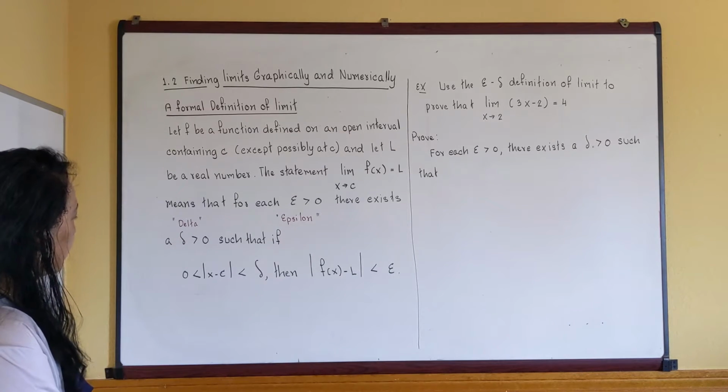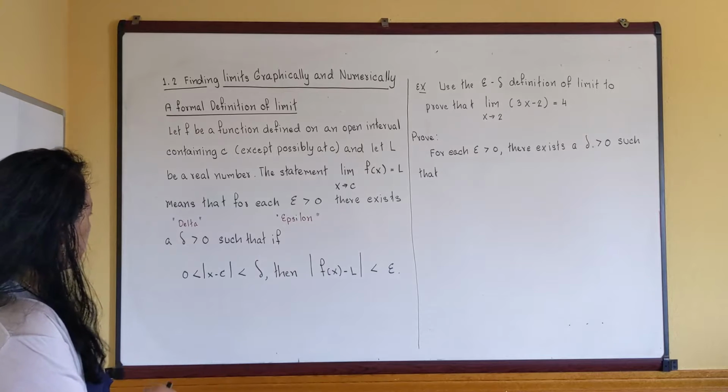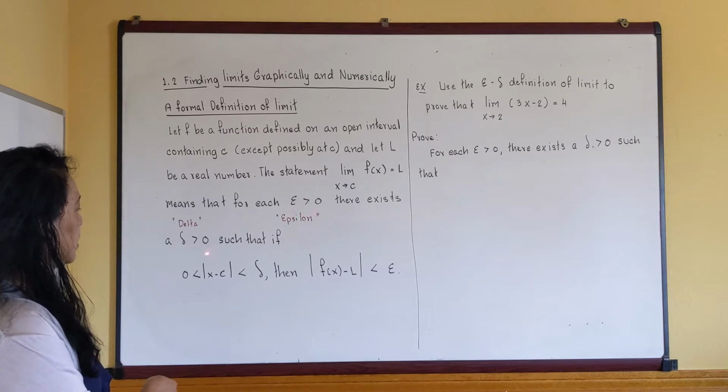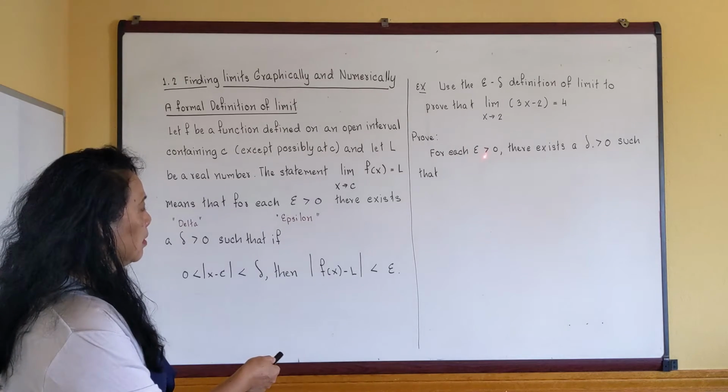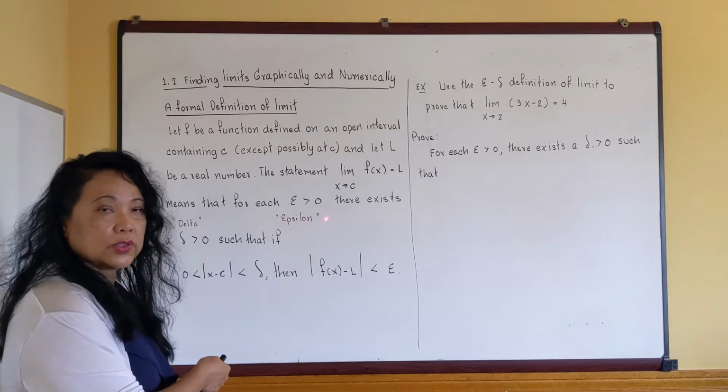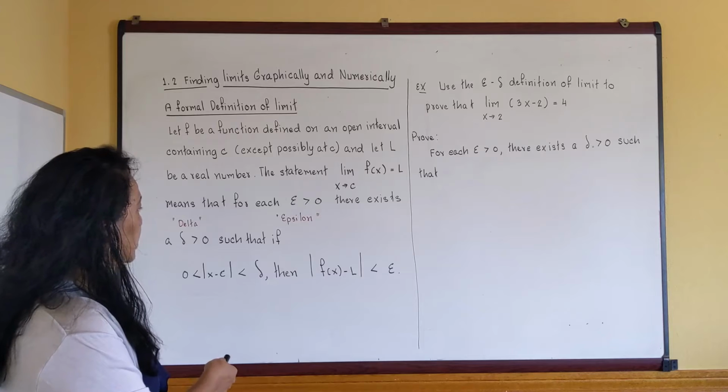And then you have to define what your epsilon and what your delta are, and they have to be greater than 0. So I start out from: for each epsilon greater than 0, follow step by step from the definition.